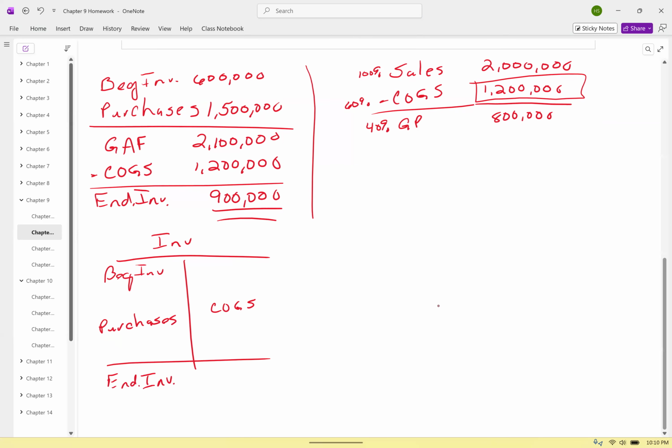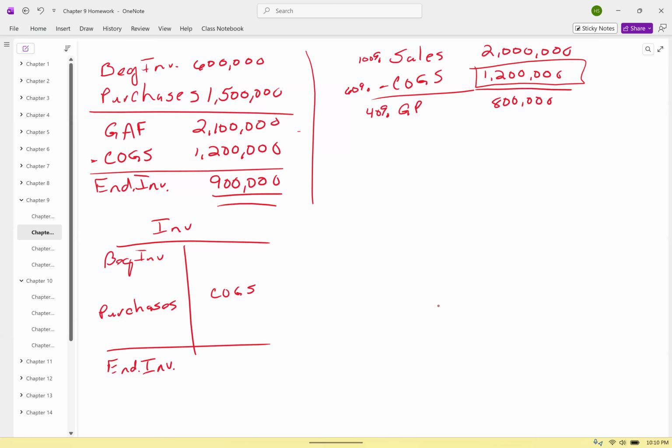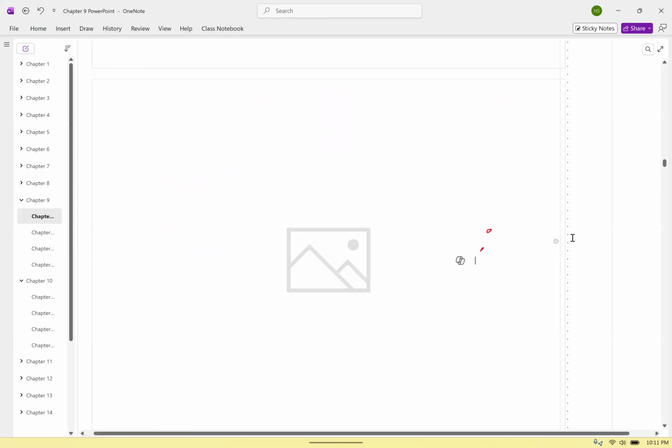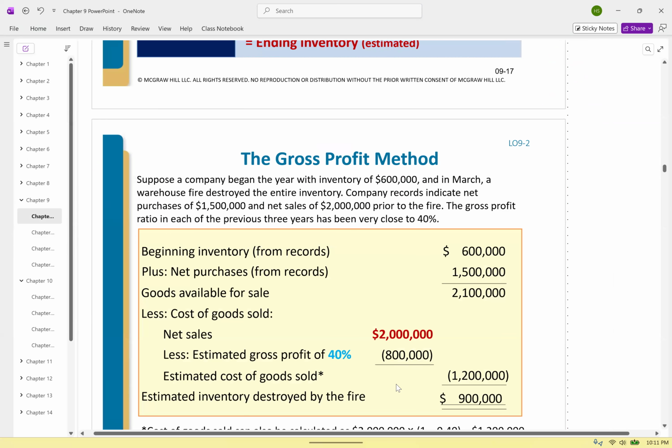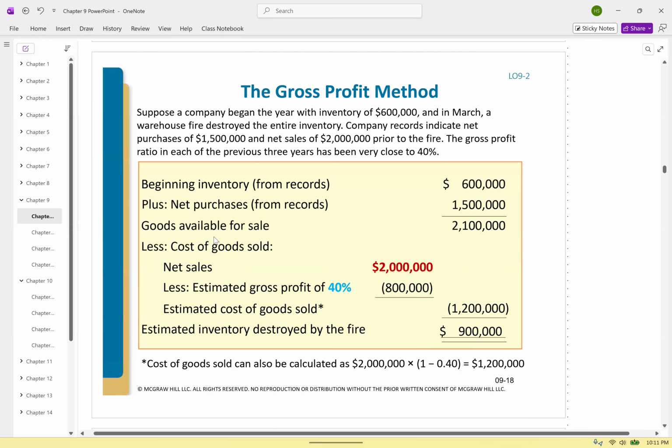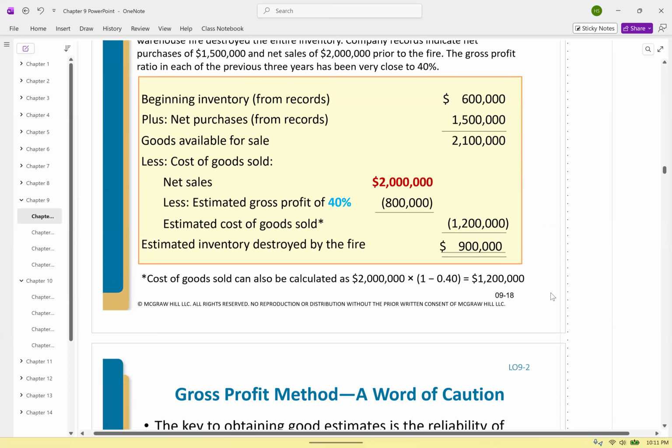So really what we just did in this little equation is really just what we did in the T account for inventory. I like it like that. It may not help you if you are okay with the way they did it. They gave you all this information. I don't like it like that, but that's okay. If you do, then there it is. You can work it that way as long as you're getting it right. If you're not getting it right, I'm going to advise you to go back and do it my way.